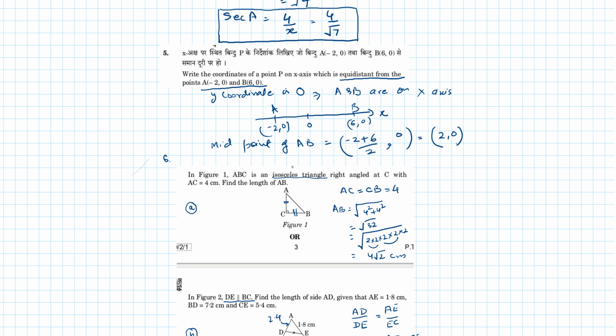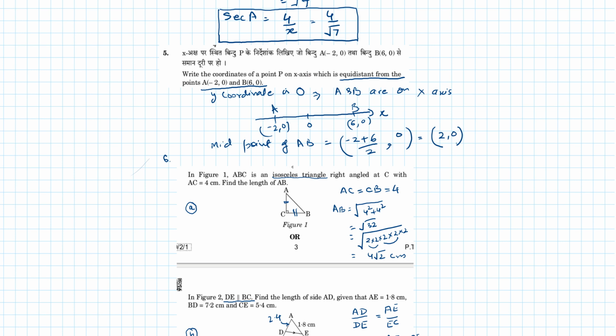Question number 5. Question number 5 is: write the coordinates of the point P on the x-axis which is equidistant from the point A and the point B. You notice points A and B, their y coordinate is 0. That means A and B are already on the x-axis.